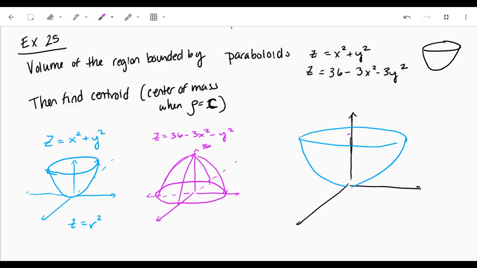So this purple one opens down, and again, that purple one goes up to 36.